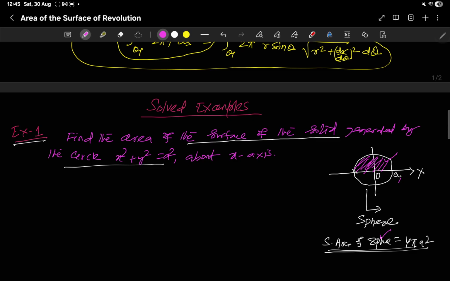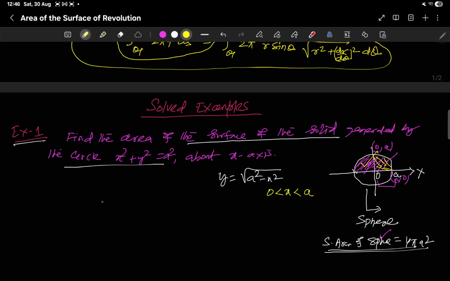This is my a,0 and this is my 0,a. So x varies from 0 to a. Now if I express y, y is equal to square root of a square minus x square. Taking the limit 0 less than x less than a, I have to multiply by 2 because we have this and this.